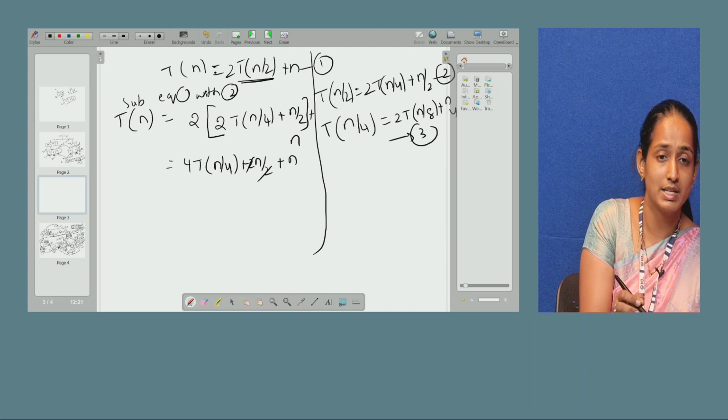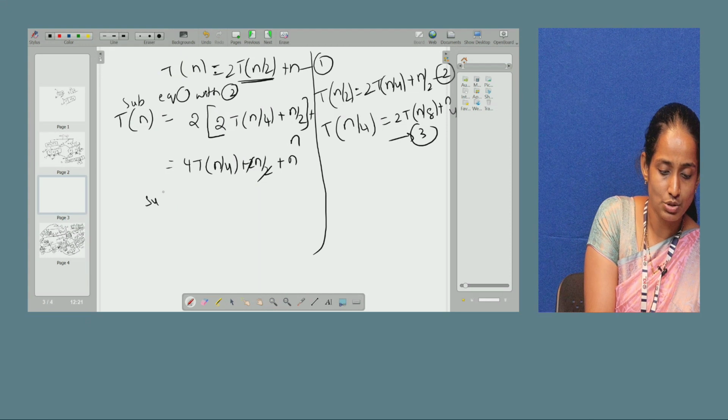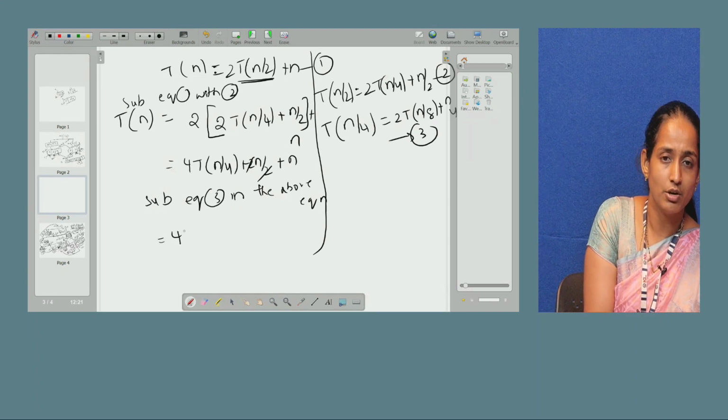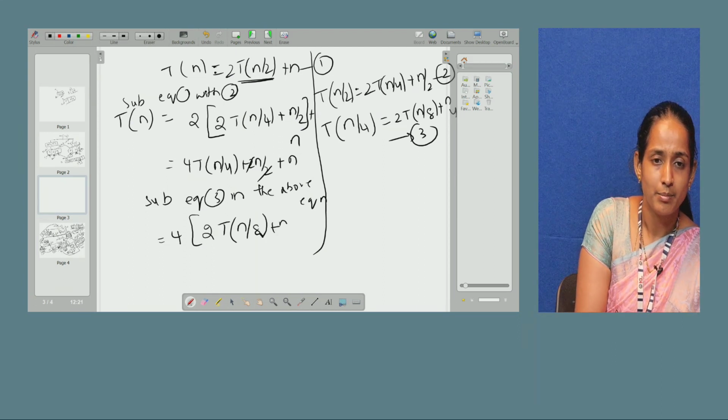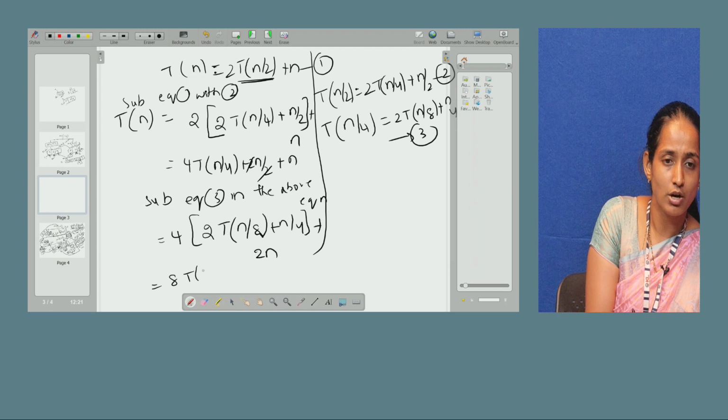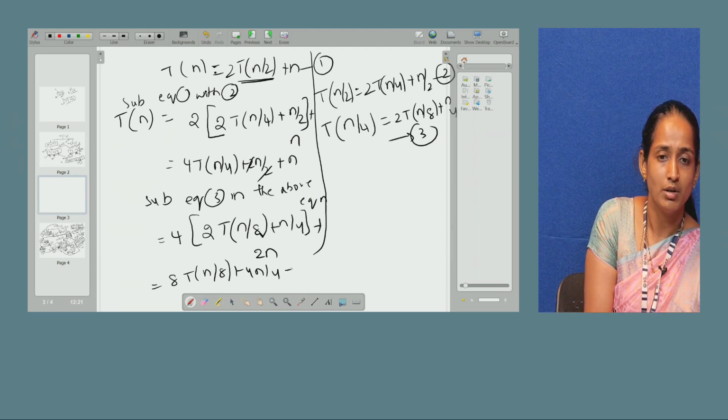So this 2 gets cancelled, and now substitute equation 3 in the above equation, because we got a term in terms of n by 4, right? So we will be substituting the T of n by 4 with equation 3. Then it will be T of n by 8 plus n by 4, plus this n plus n is 2n. So now it will be 8T of n by 8 plus 4n by 4 plus 2n.